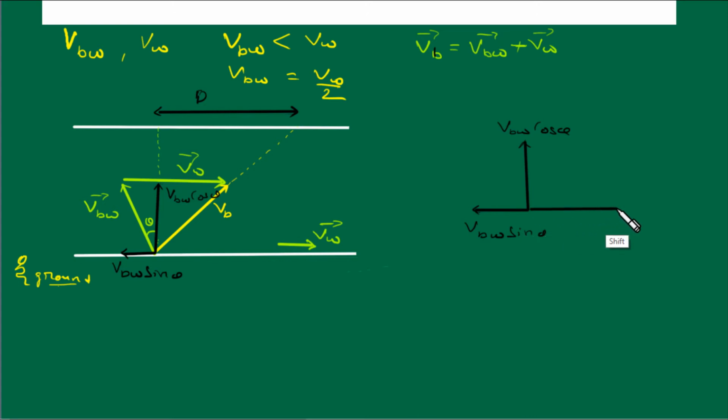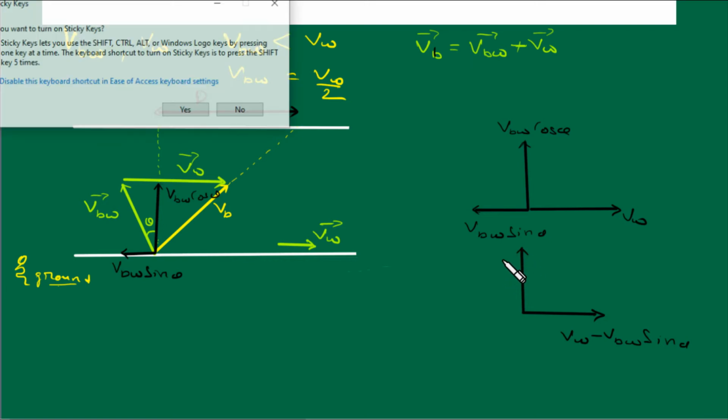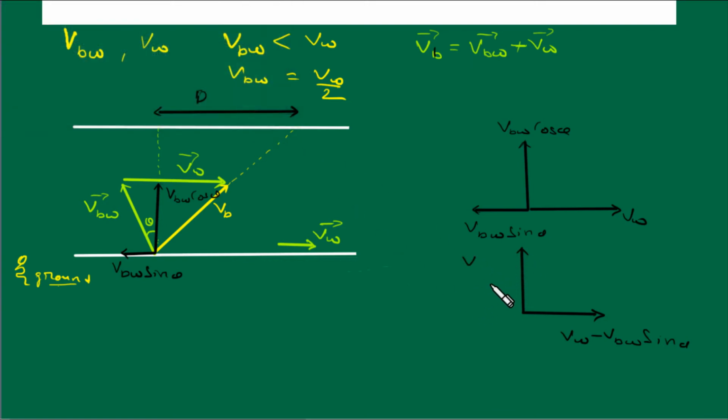So this is VW, and if we resolve all these vectors, then in the direction of flow, the net velocity will be VW minus VBW sin theta, and in this direction we will get VBW cos theta, right?